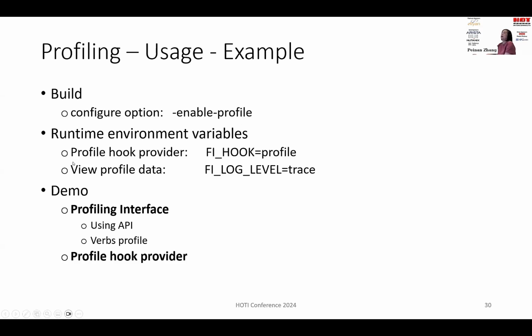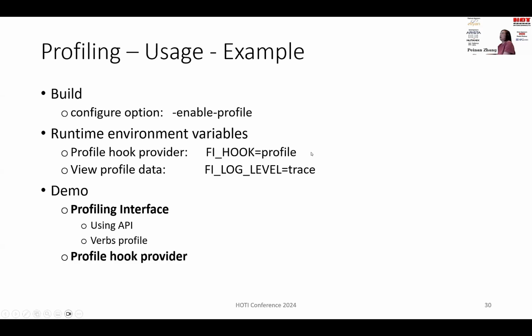To run, we have several environment variables to set for the profile hook provider. We need to set FI_HOOK equal to profile. This is only necessary for the profile hook.